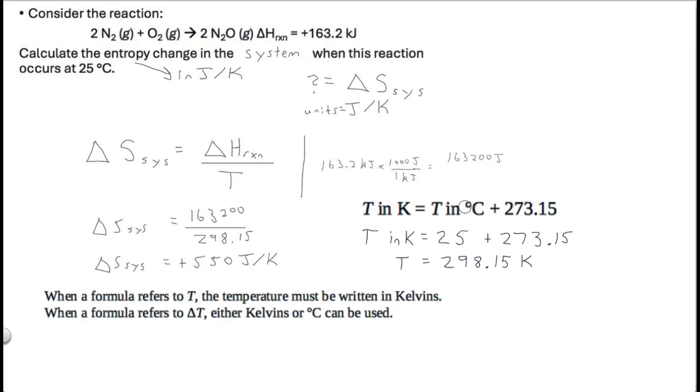Here is the general formula for converting the temperature in degrees Celsius into kelvins. We use this equation to see that 25 degrees Celsius is equivalent to 298.15 kelvins. So this is the number that we plugged in to this formula.